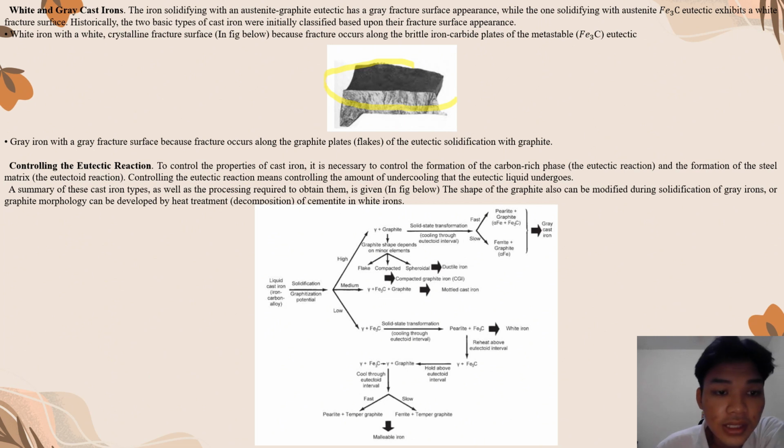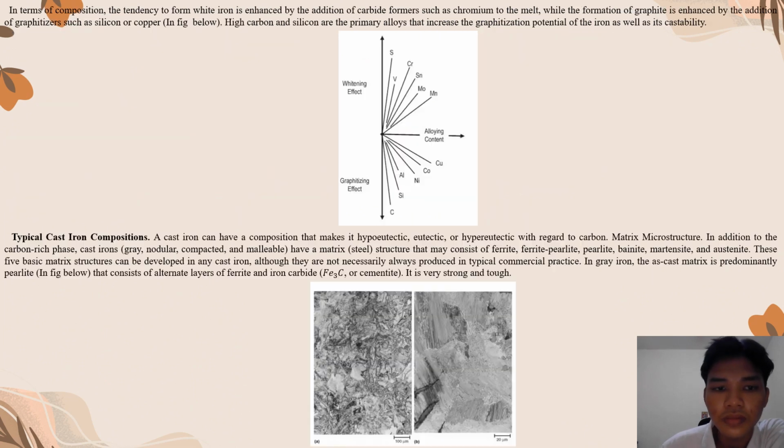A summary of these cast iron types, as well as the process required to obtain them, is given in the picture below. The shape of the graphite can be modified during solidification of gray irons, or graphite morphology can be developed by heat treatment or decomposition of carbides in white irons.